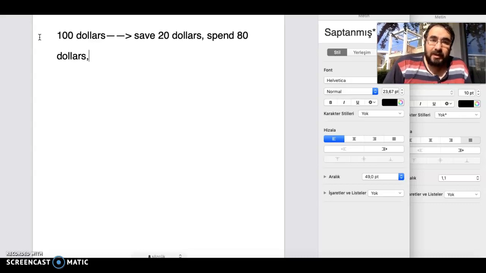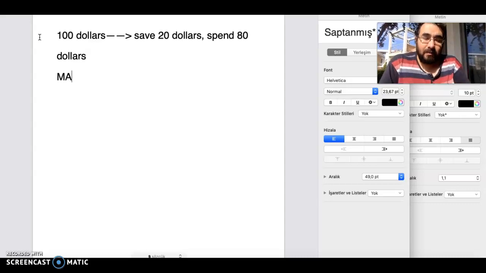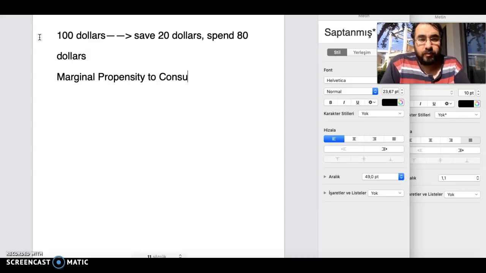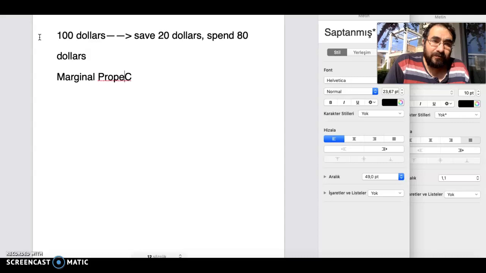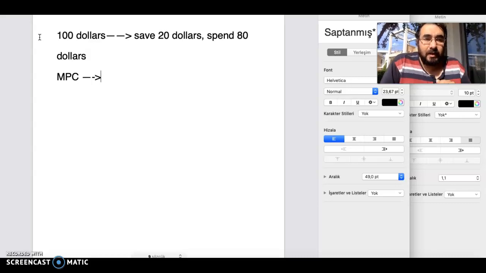So in this case, we can create two different concepts. One is the marginal propensity to consume, which can be written as MPC, which is basically out of every $100, how many dollars will be spent on average by an individual, which can be 0.8.